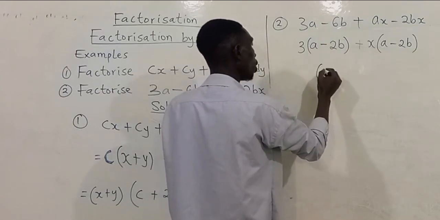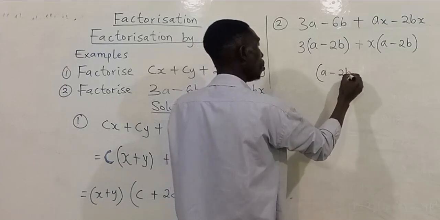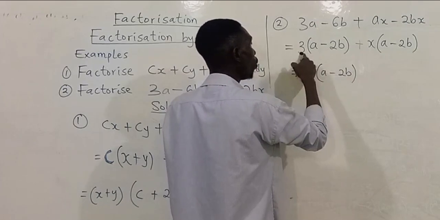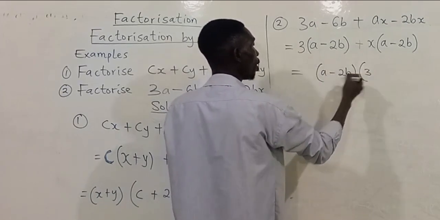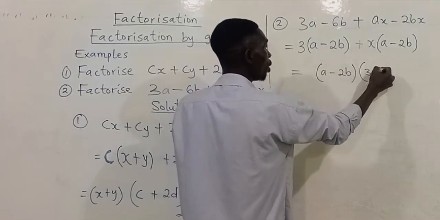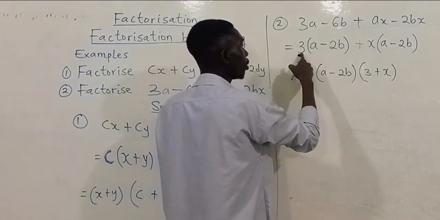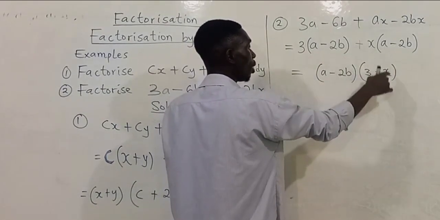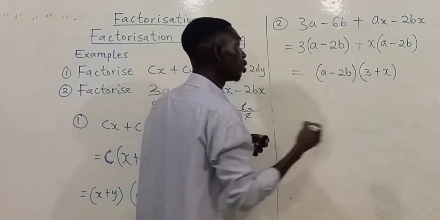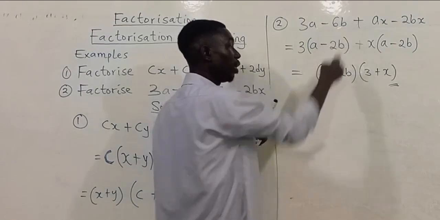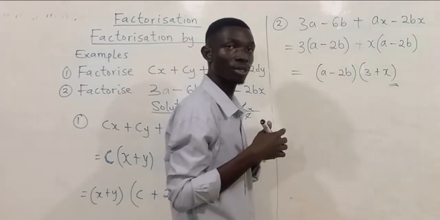We are left here with 3 and here with plus x. So this becomes the two factors of this expression.